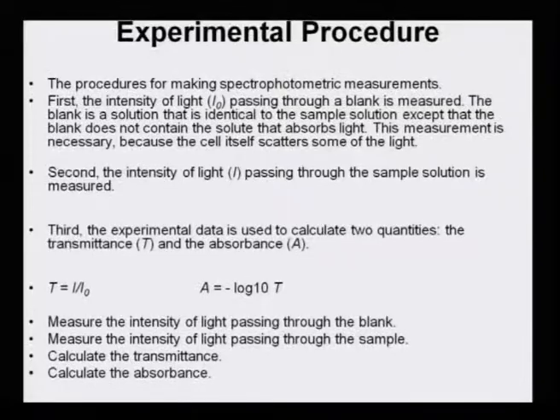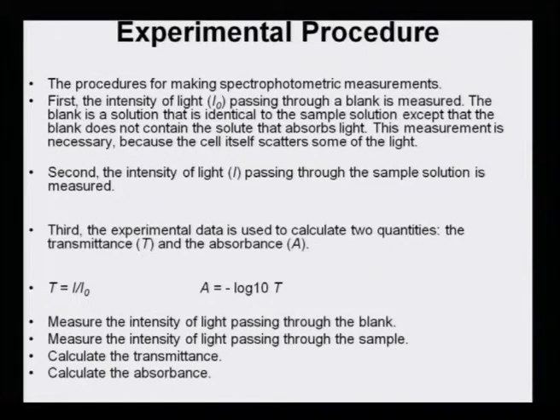Secondly, the intensity of light L passing through the sample solution is measured, and the third thing done is that the experimental data is used to calculate two quantities, the transmittance or the absorbance. So, it is either of them.